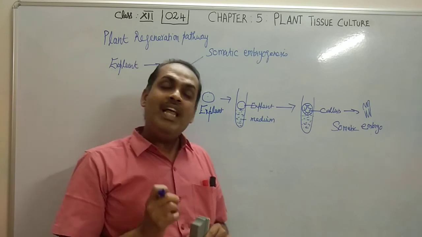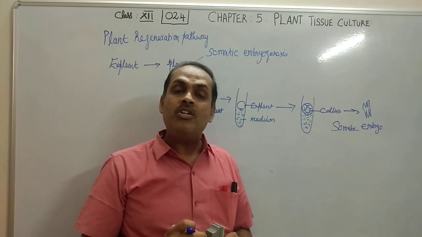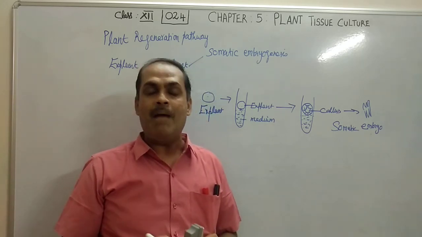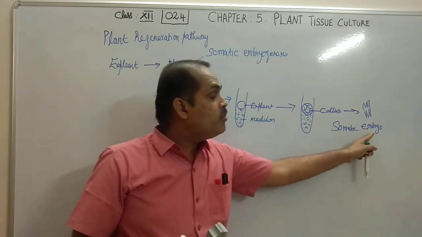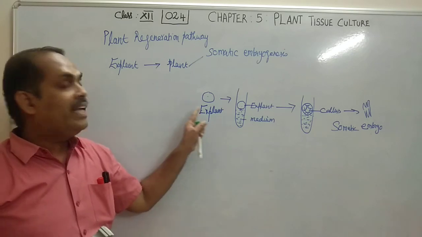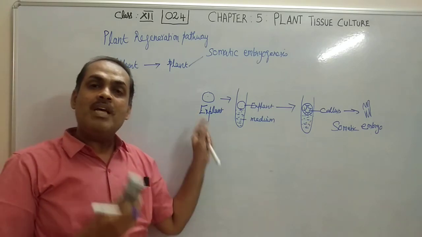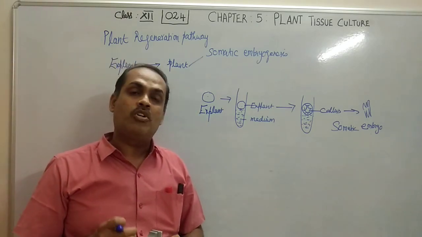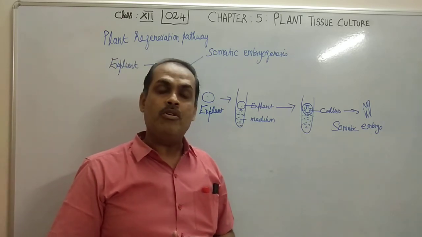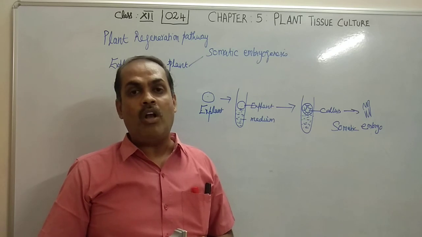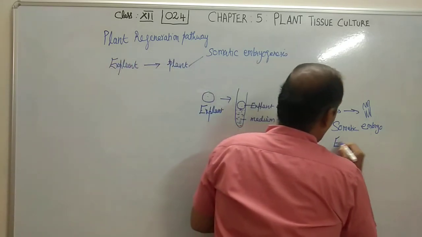Because real embryos are produced as a result of fusion of the male and the female gamete, which we have already studied in the first lesson. Here we are producing an embryo from an explant taken from the root, stem and leaf. So that is why we should call it somatic embryos, or otherwise somaclonal embryos, or embryoids.